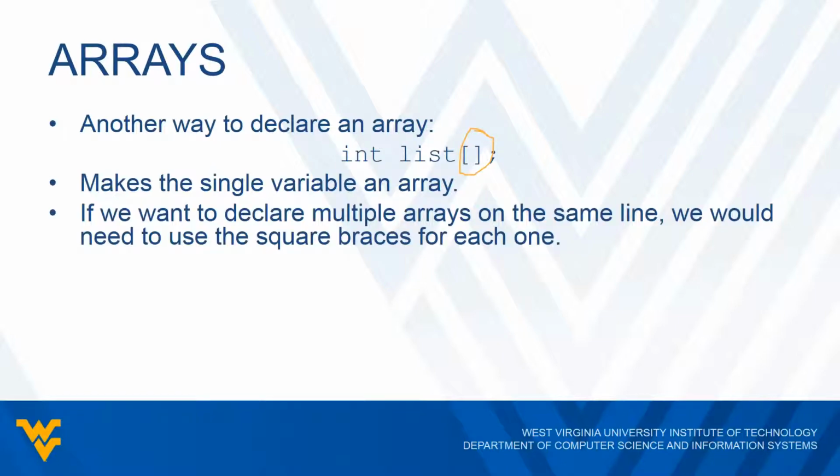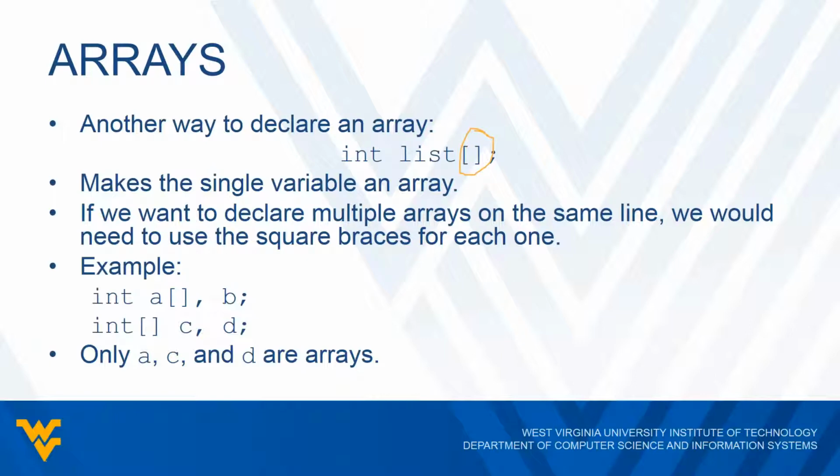But the issue is what happens when we want to declare multiple arrays on the same line? We would have to be very careful with it because we would have to make sure we use the square braces for each array variable. So here's an example. Let's say I have these two lines of code. So we have int a as an array and then b, and then we have an int array for c and d.